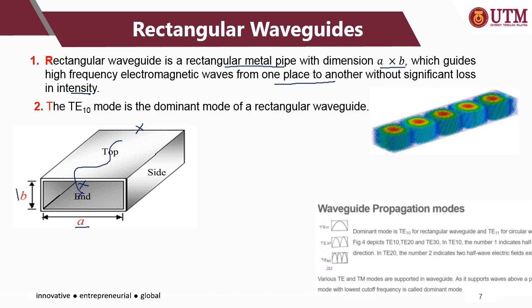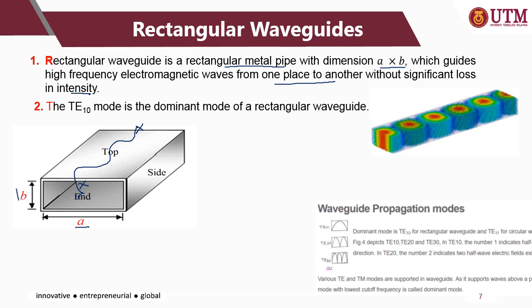Along the waveguide, it can travel in a number of modes, for example TE10, TE11, TM10, TM01, and so on. The basic or dominant mode for rectangular waveguide is TE10.